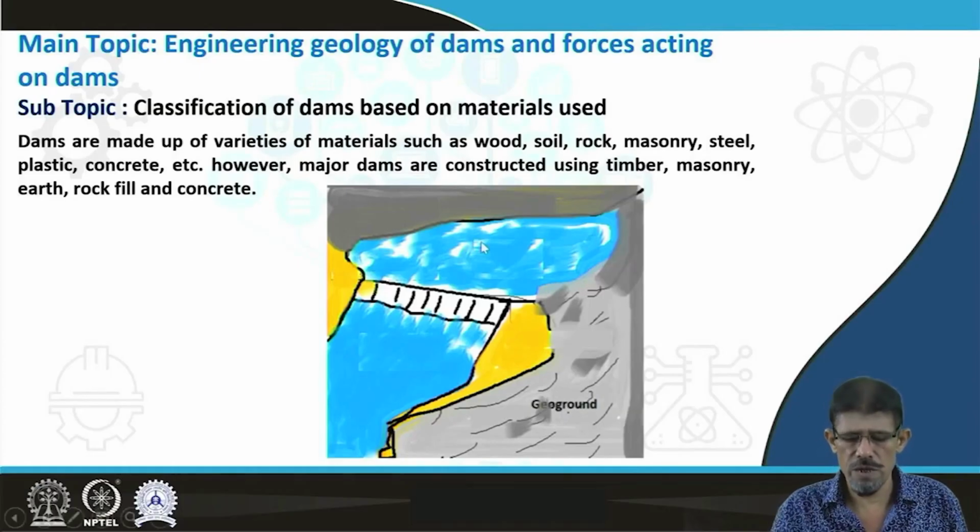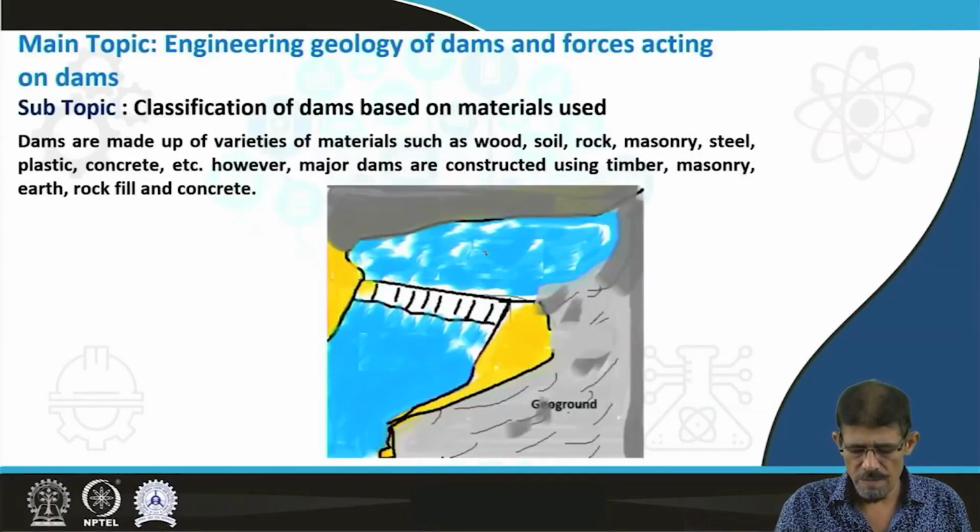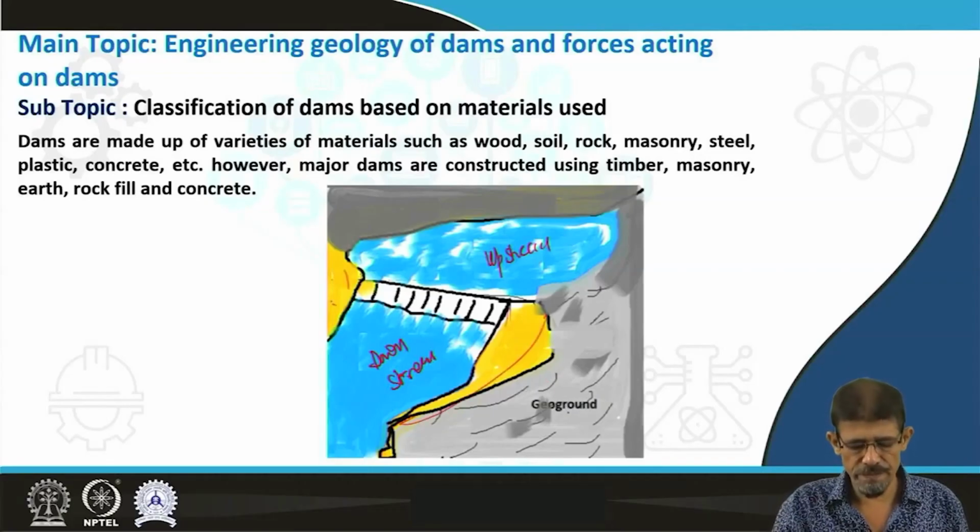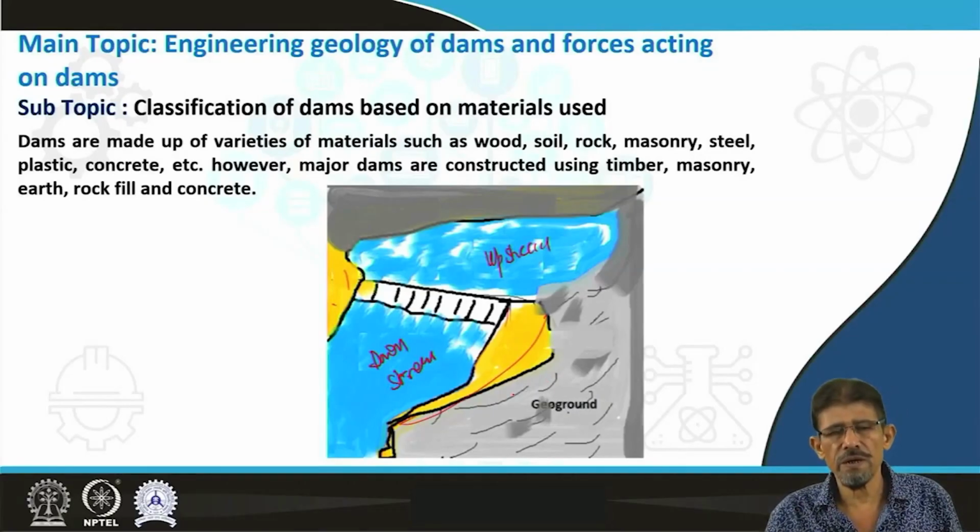So we are going to elaborate. You can see here this view of dam, that is the upstream side, and here downstream. These are the side walls of the valley, which we recognize as abutments, as we have already discussed, and this is the ground.